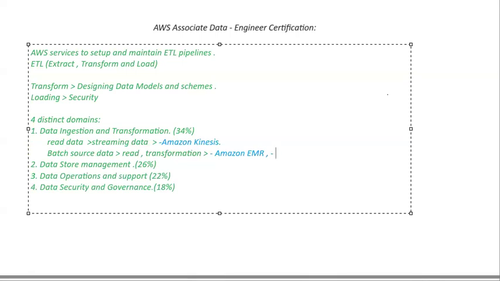Yes, AWS Glue. By using AWS Glue, you can perform ETL operations on any data. What is ETL? Extraction: by using Glue, you can extract from multiple sources, transform that data, and load that data as well.